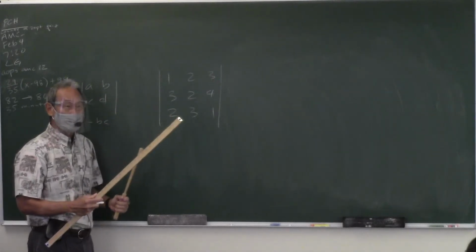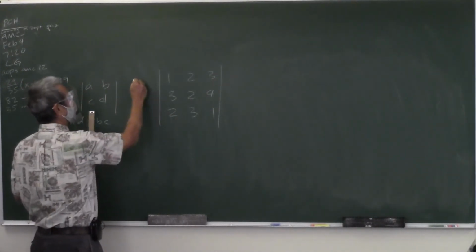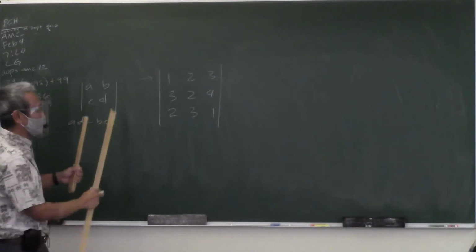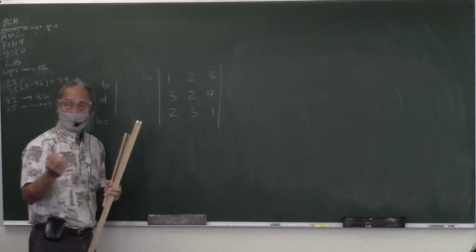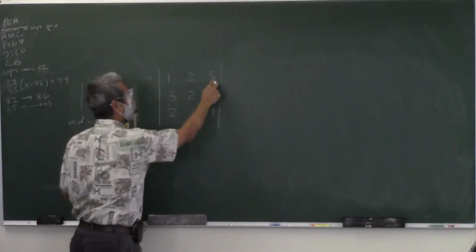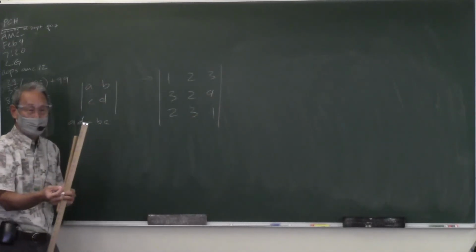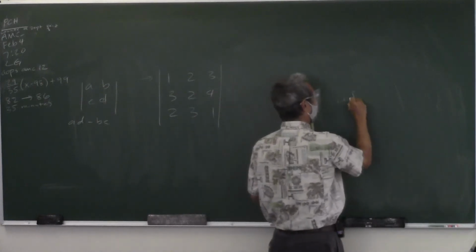That's the beauty of this. Any row or any column, it doesn't matter. Let's just go across the first row. If you read your notes, multiply each element by its cofactor. Now what the heck is a cofactor? That's what you've got to know.